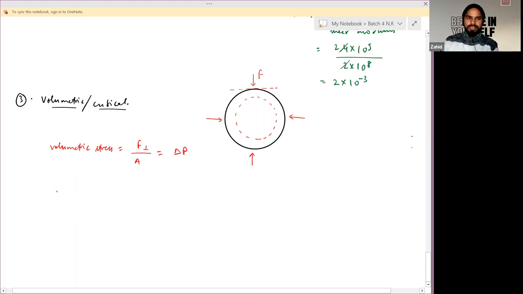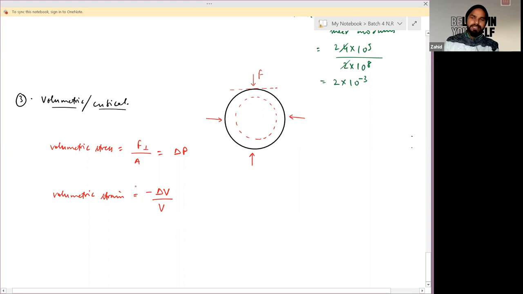The corresponding change will be termed as volumetric strain. So it will be equals to change in volume divided by volume. Since initial volume of sphere is larger as compared to its final, so change will be in negative. So volumetric strain will be in negative.